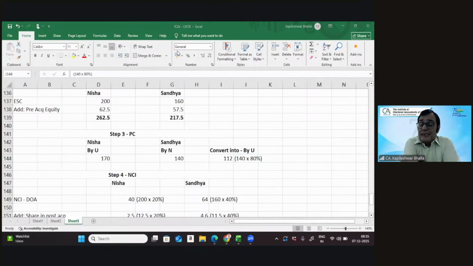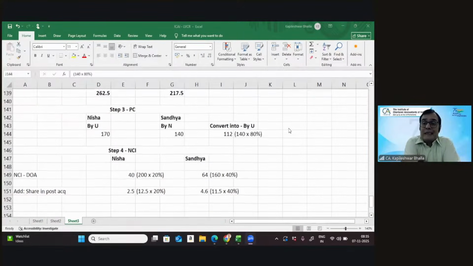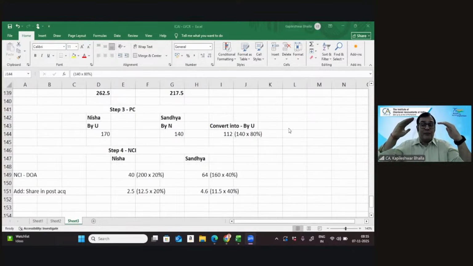And that's rightly said, we need to reduce the NCI of Nisha by the same 20%. That's correct. I hope you remember the logic as well. Then why are we reducing this? Because when you are not going to take the 20%, it appears in the balance sheet, and this is the money which is funded, because 80% is funded by the parent, 20% is funded by the NCI.